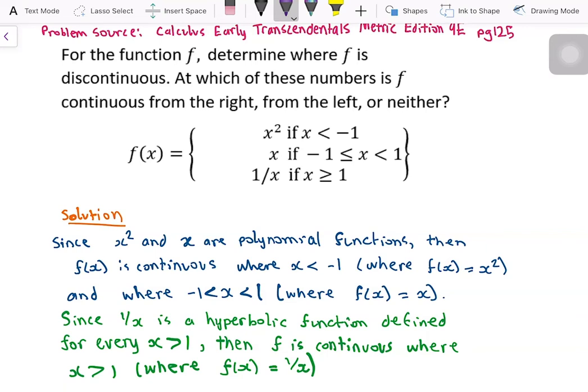And now, since 1 over x is a hyperbolic function defined whenever x is greater than 1, f is going to be continuous where x is greater than 1, because this is where f of x is 1 over x.